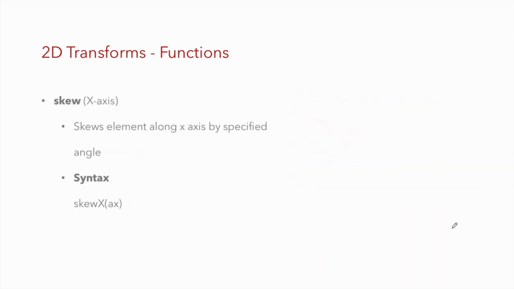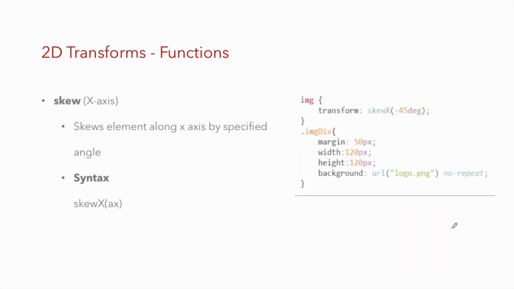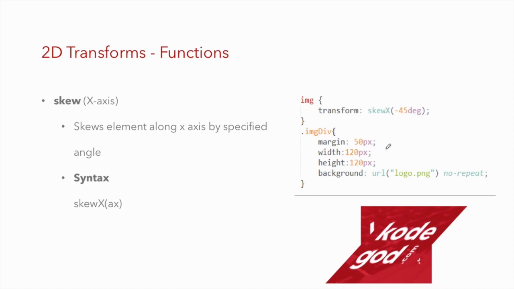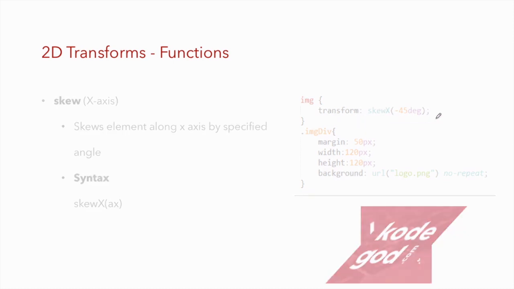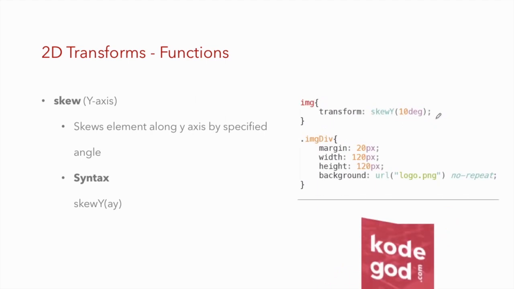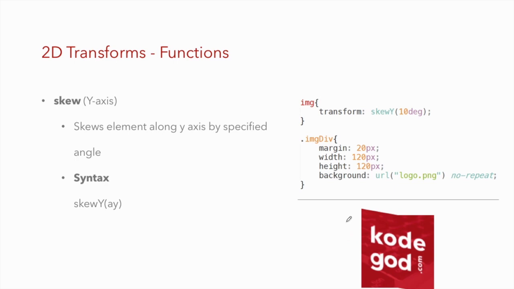Then we have skewX and skewY. If you just want to skew your image along the x-axis, you can make use of this particular function. So here is the example, and we have skewY as well. When you specify a value, the image will be skewed along the y-axis. So something like this.